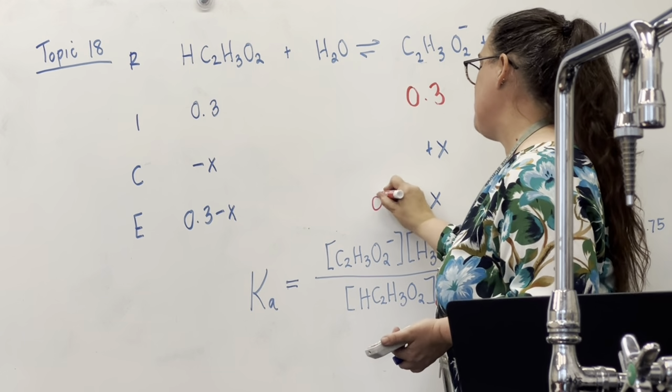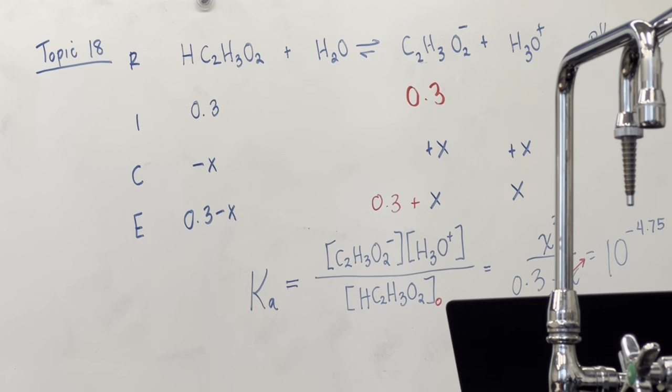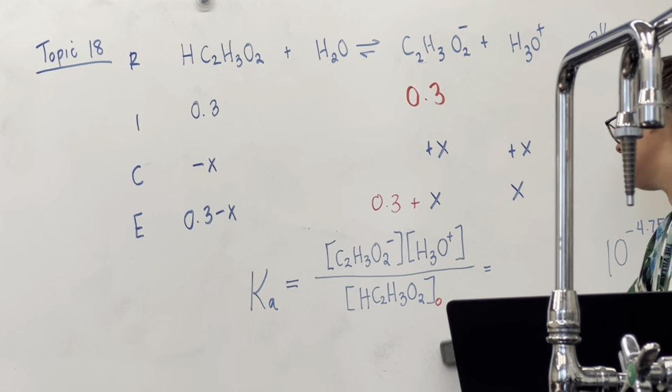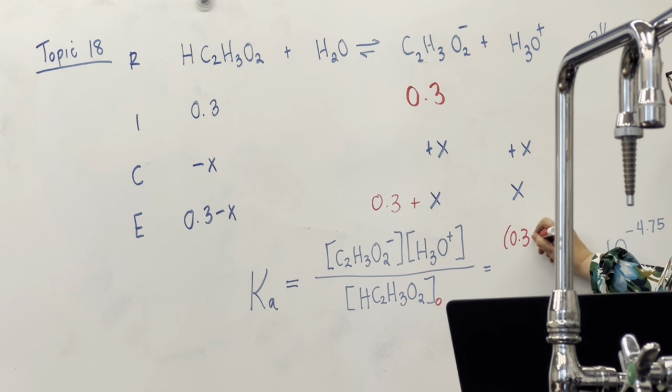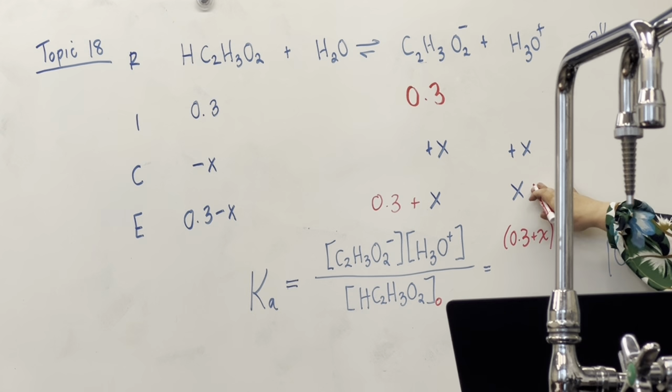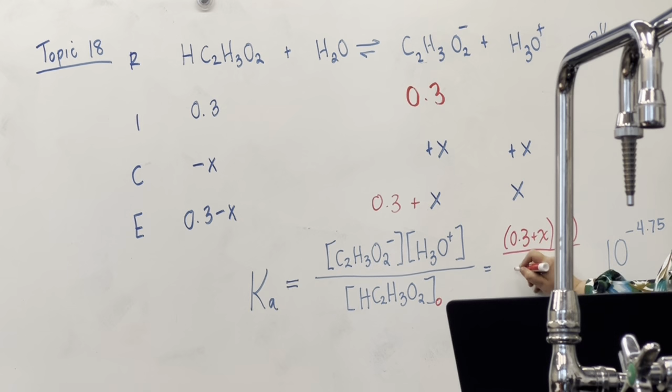So it's going to be 0.3 plus x. So y'all are going to come over here, and we're going to calculate the pH of this. So you would say it's the concentration of ethanoate, that's going to be 0.3 plus x, times the concentration of hydronium, that's just x, over the concentration of ethanoic acid.